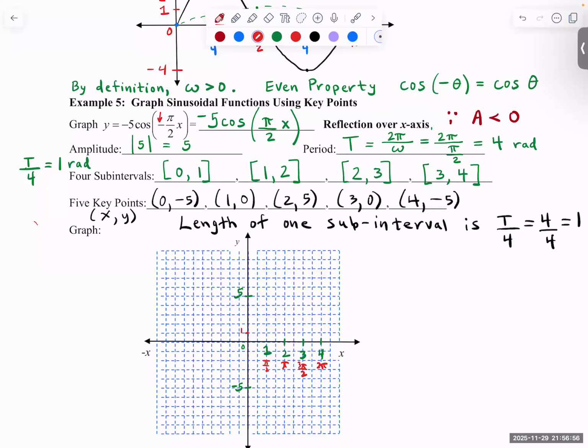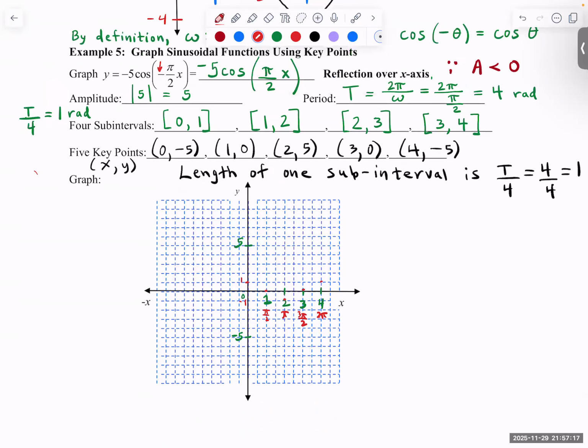So the cosine at pi over 2 is 0. At pi, cosine is -1. At 3 pi over 2, cosine is 0. And at 2 pi, cosine is 1.